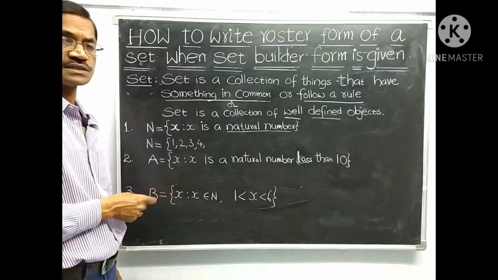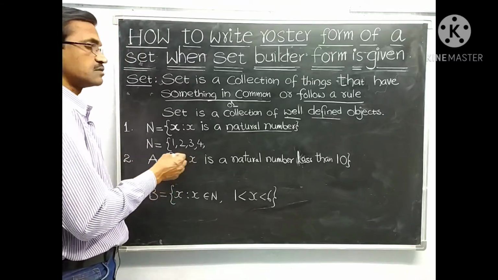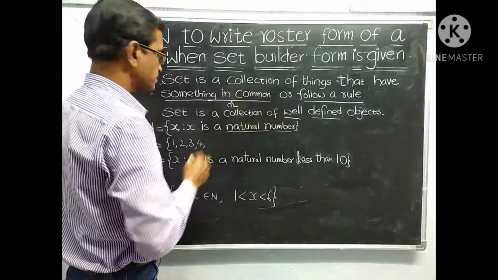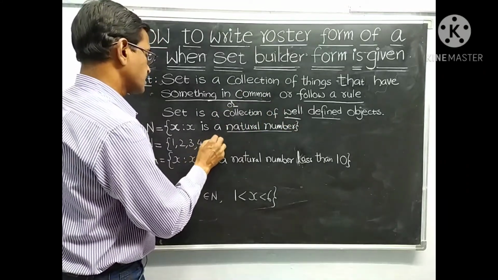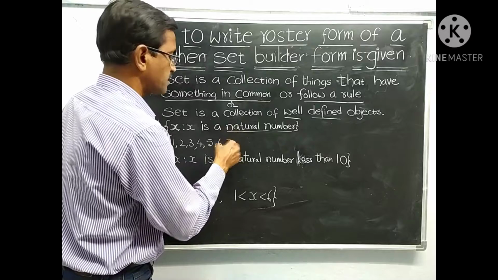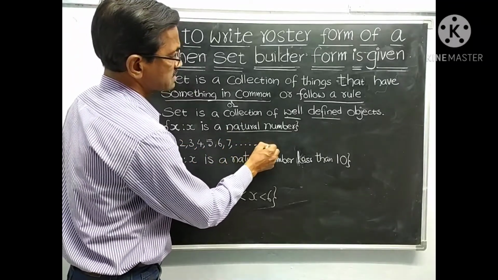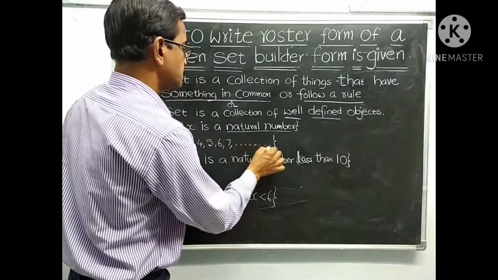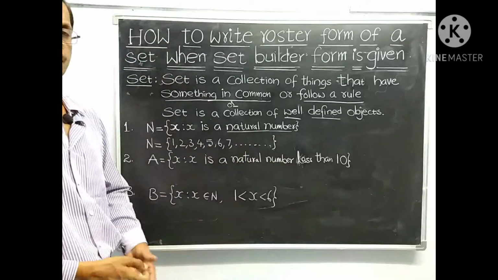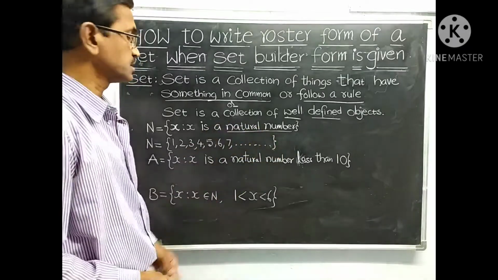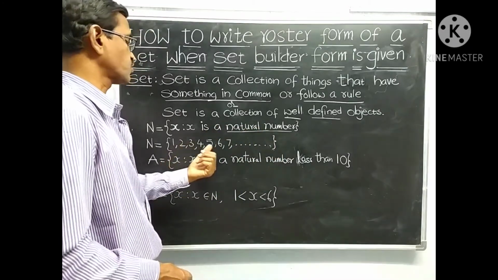How many natural numbers are there? We cannot count. This is an infinite set. We would have to write all the elements, but we cannot, so we represent it with dots. The dots mean it is an infinite set. So many elements are there, we can't write the last element. That's why we write 1, 2, 3, 4, 5, 6, 7, and so on.